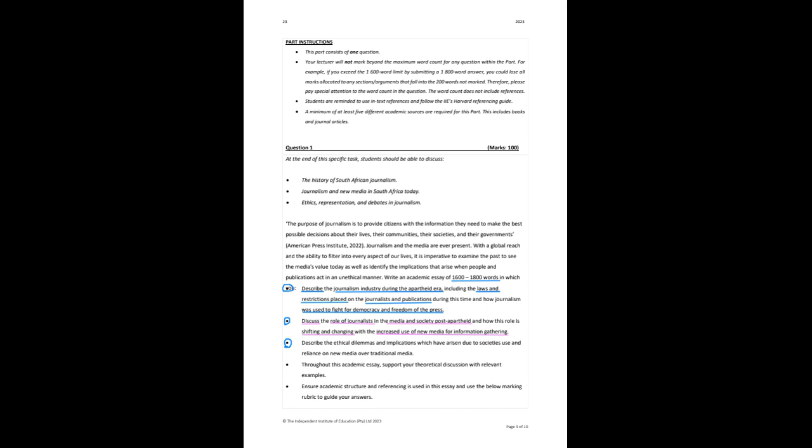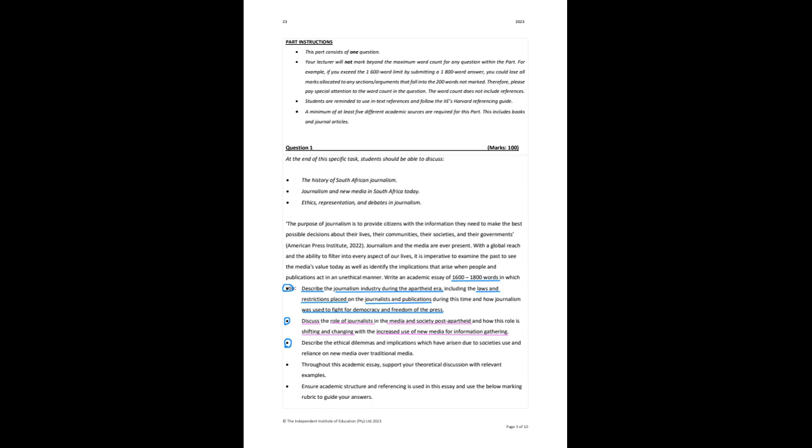So added pressures because of the 24/7 news run, added pressure because there are so many people reporting on events, people's mistrust of the media in the digital environment because of fake news. So what I'm wanting to see there, again, two parts: the media and journalists post-apartheid, and then the digital environment.